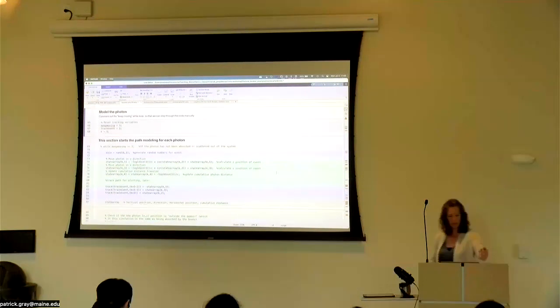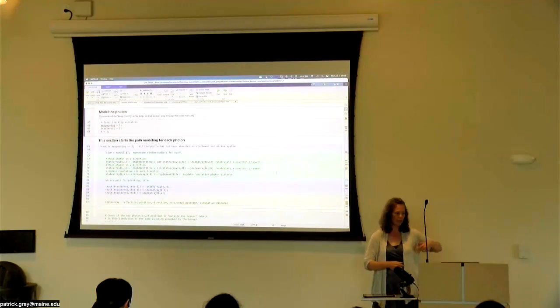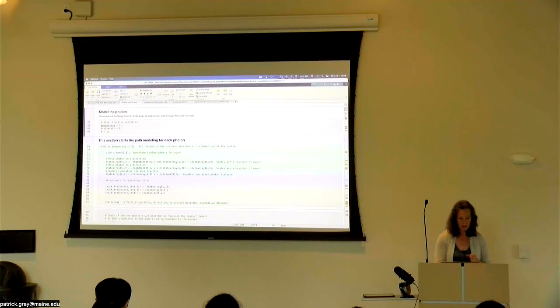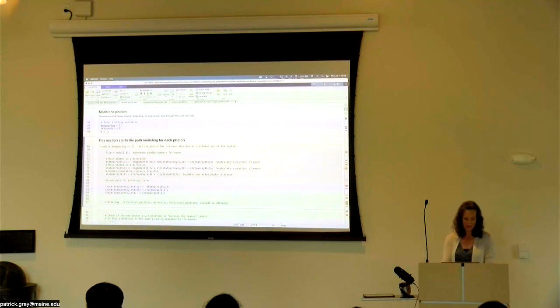This part, in the next run of this, will be in a loop. But here I've just commented out the part that has the while loop in there. So it's basically checking to see if the photon should keep going. Here we're just going to let it keep going and we'll stop manually. So we start with our tracking variables reset. And then what we're going to do is, I called it dice because I was clever. I'm going to generate 6 random numbers. And those are going to cause the photon to move in the Z direction and the X direction.